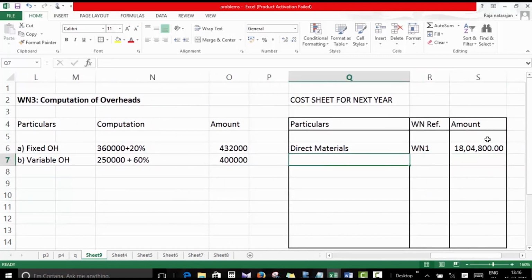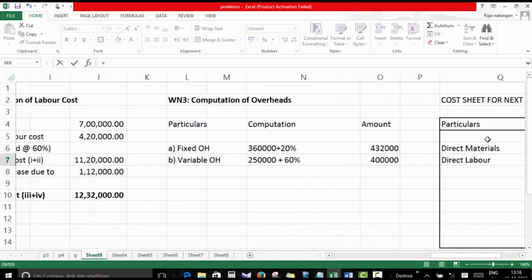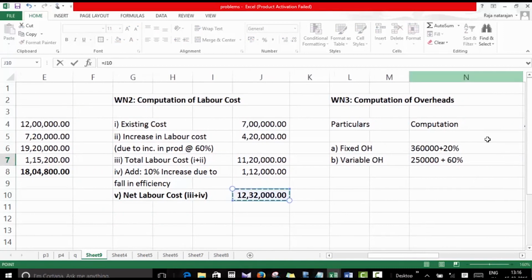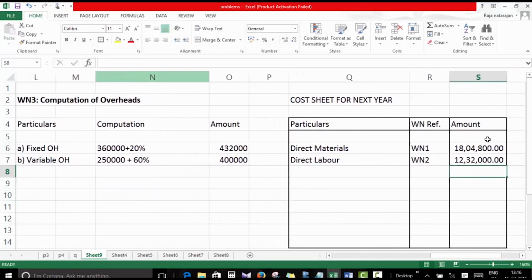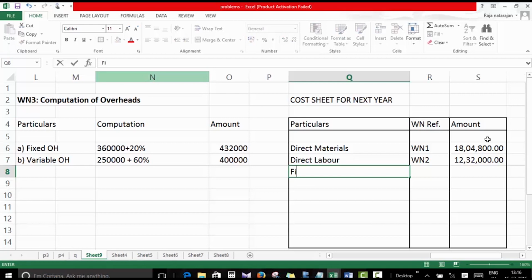Then direct labor, and I believe it is working note 2. We'll pick up the amount. Working note 2, direct labor is 12,32,000. Then we have the overheads. Fixed overhead, I think we have it in working note 3.